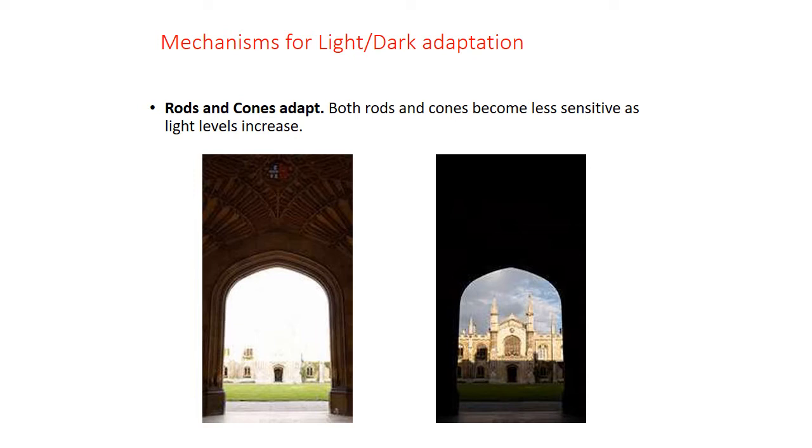These intrinsic mechanisms present in the visual system are what we call light-dark adaptation, and both rods and cones adapt. So both rods and cones become less sensitive as light levels increase, or more sensitive as the light levels decrease.